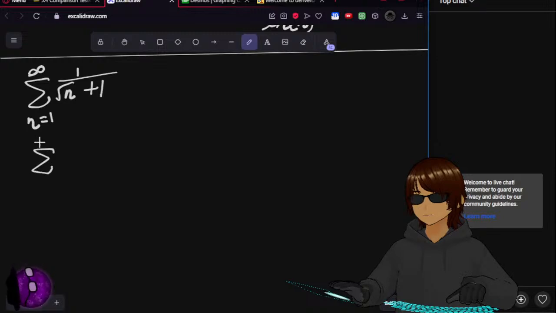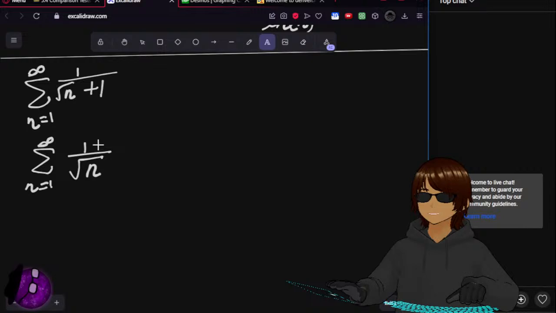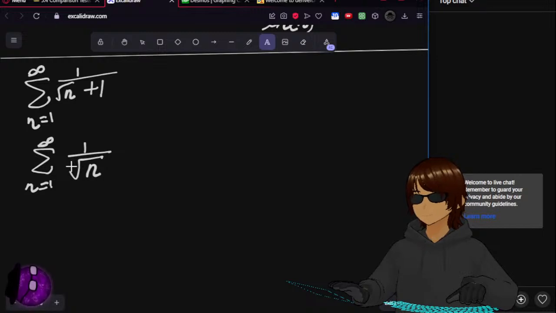First, we can try to calculate this. 1 over root n. This converges?